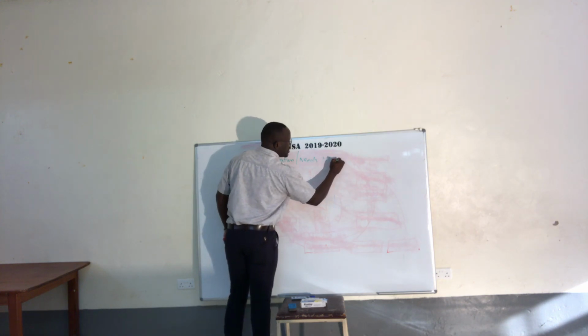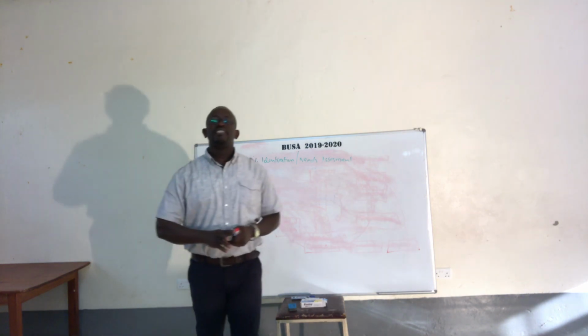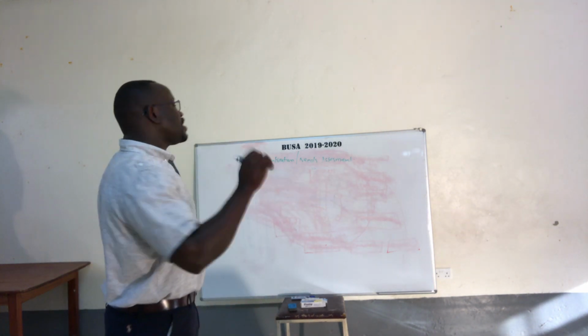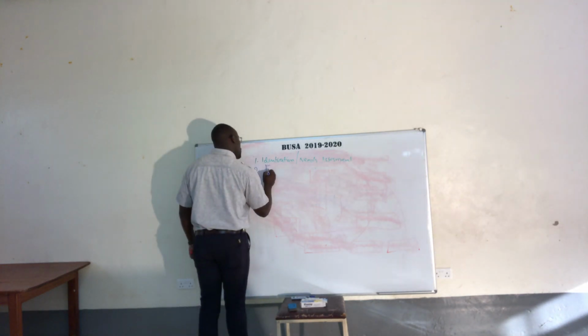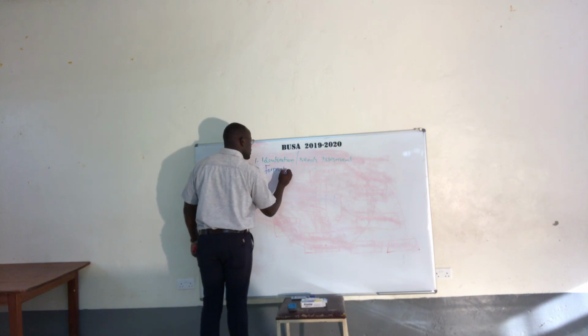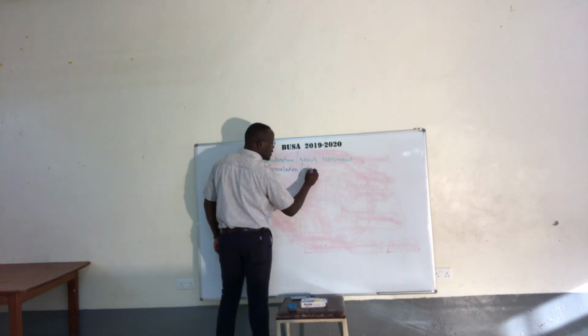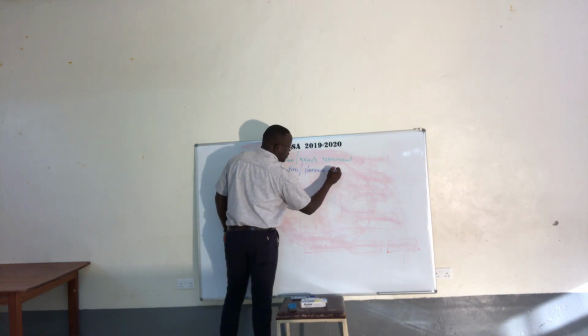You will agree with me, there is no way we are going to start a project without needs assessment or identifying a project. Number 2, as you think of having the needs assessment, you need to be very sure that you need to formulate: formulation, or planning, or designing.